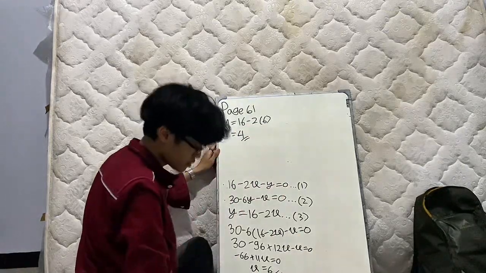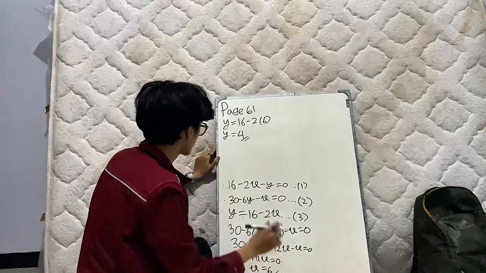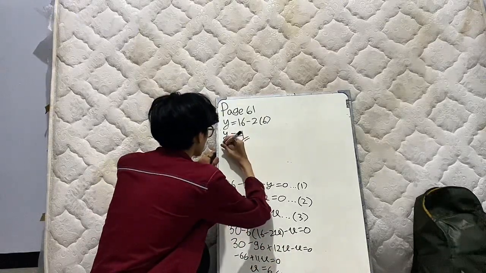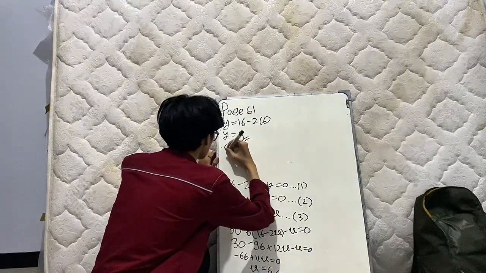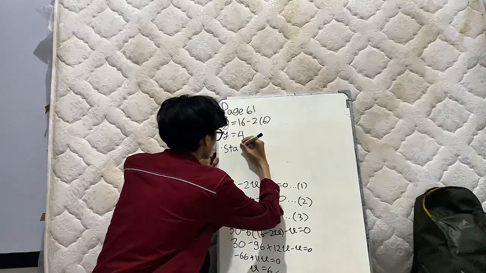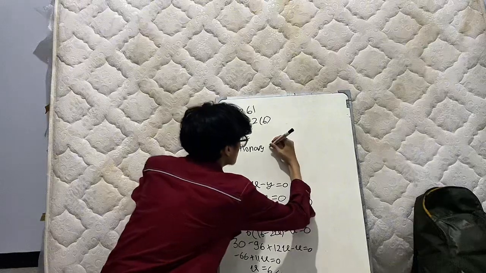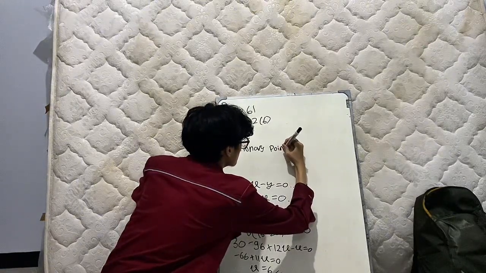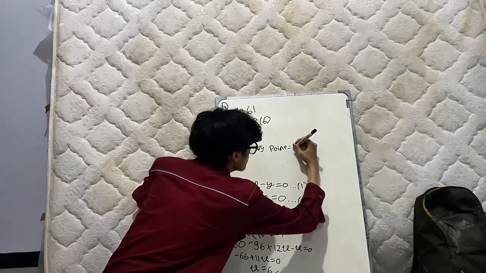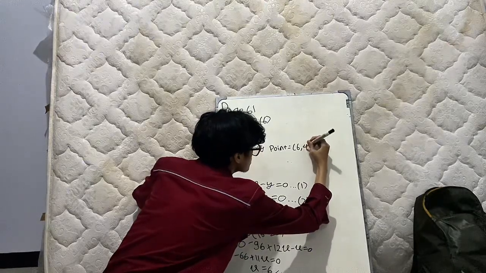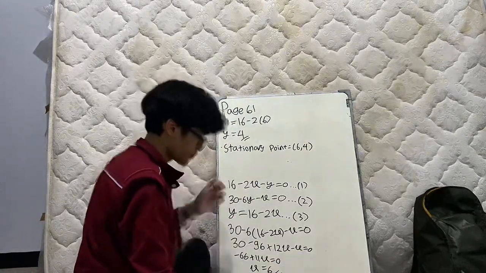Now we have y, which is 4, and then we get the stationary point, which is 6 and 4.